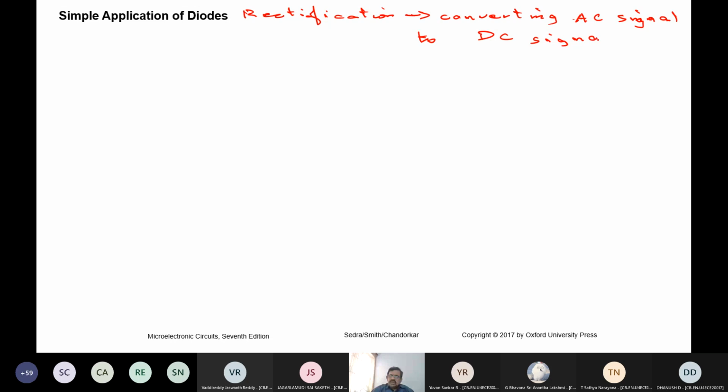You know, AC is bidirectional current, which means the current flows in the positive and negative cycle. So if I take a sinusoidal signal, then I will have my AC signal like this. I will have the current or voltage varying with time like this.